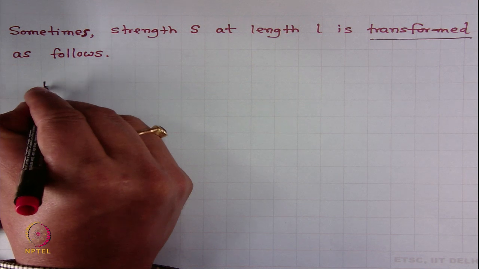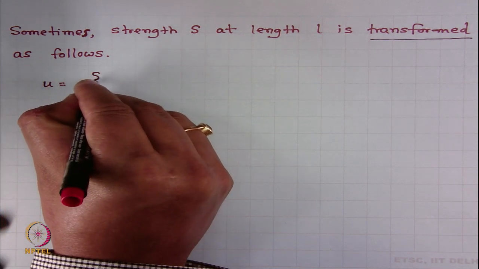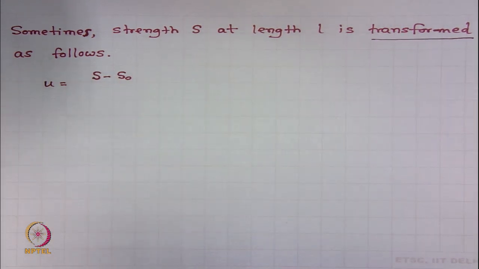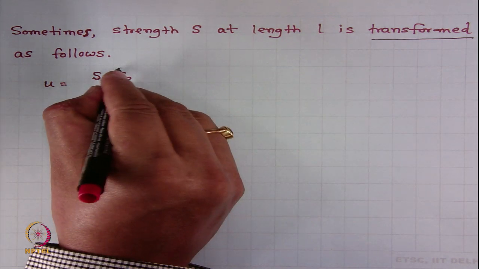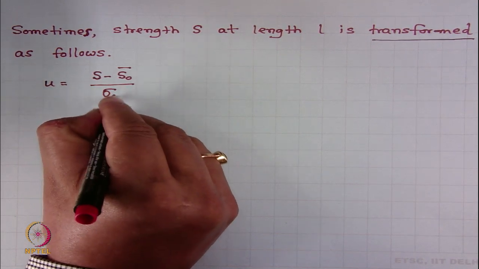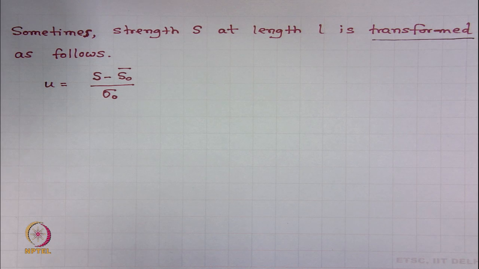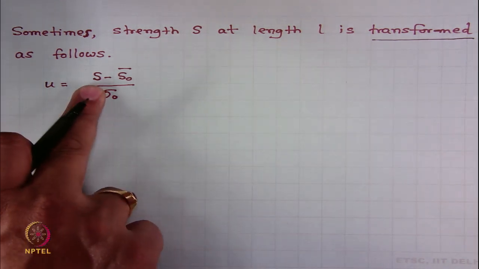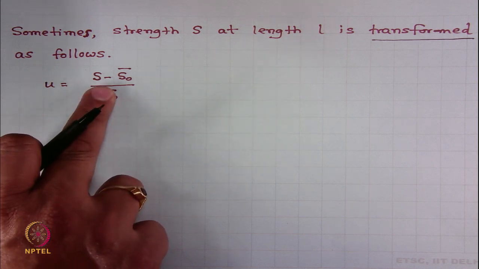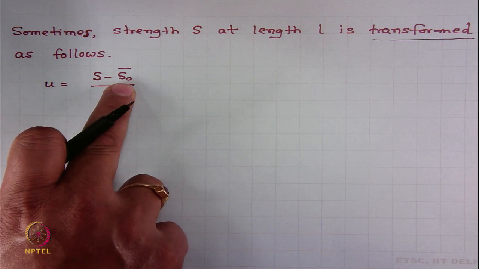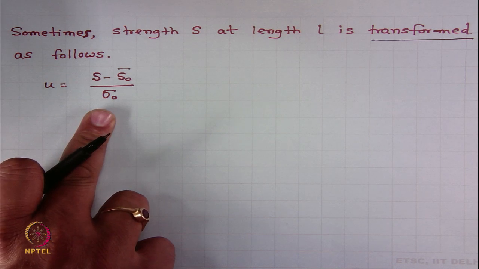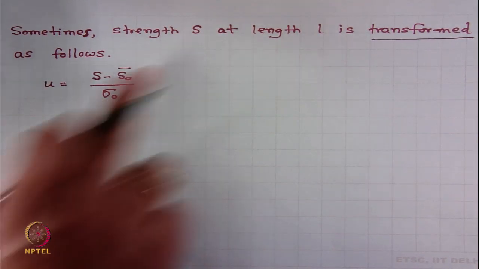Say U is equal to the strength at longer length minus the mean strength at shorter length, divided by the standard deviation of strength at shorter length. So, this quantity we name as U.